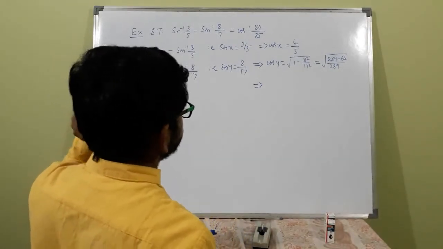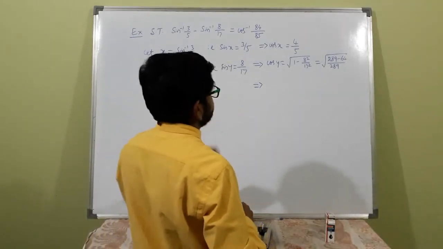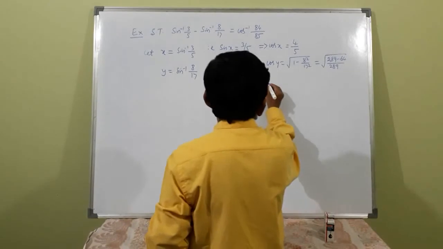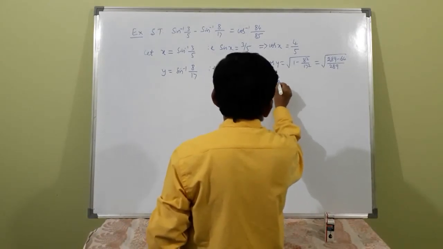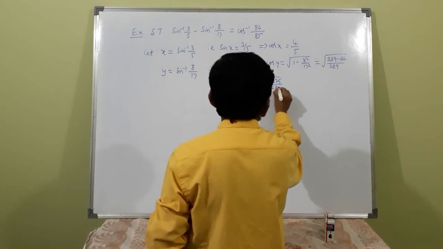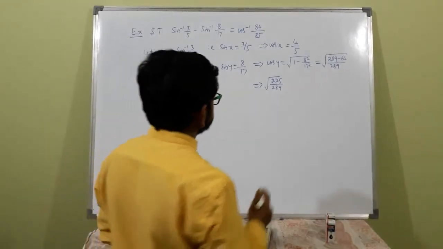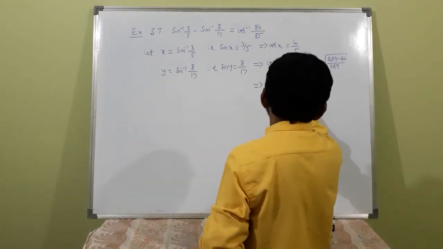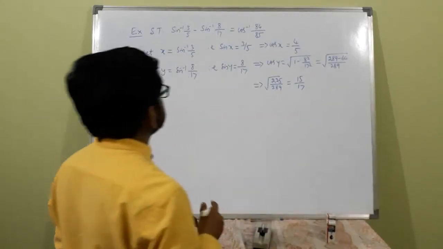How much is it? 225. 225 divided by 289, is it 15? It is equal to 15 by 17.